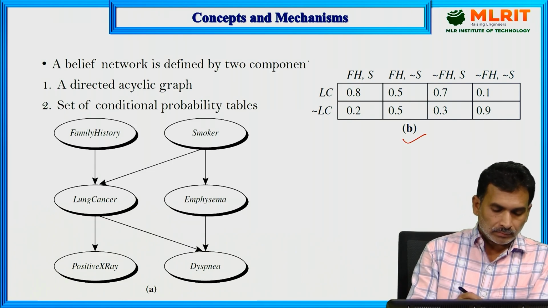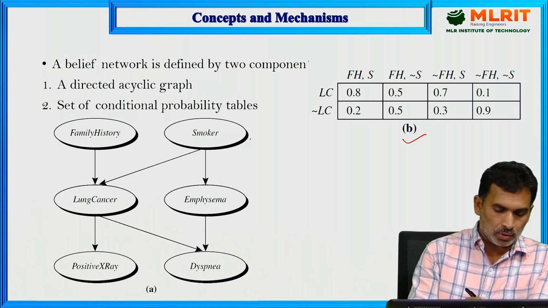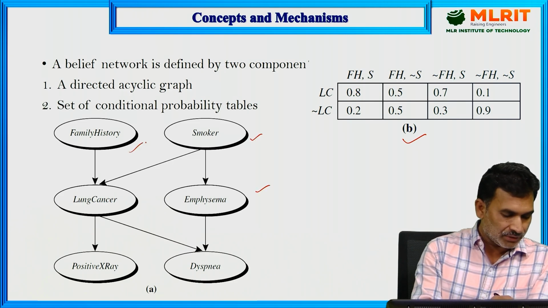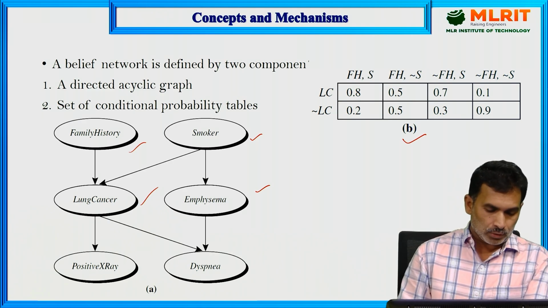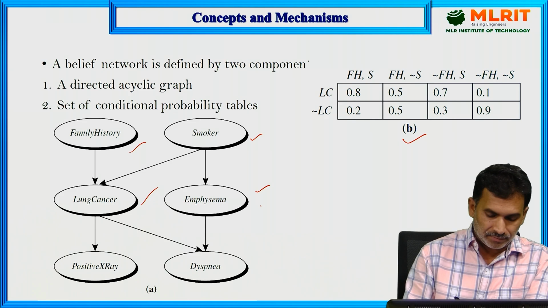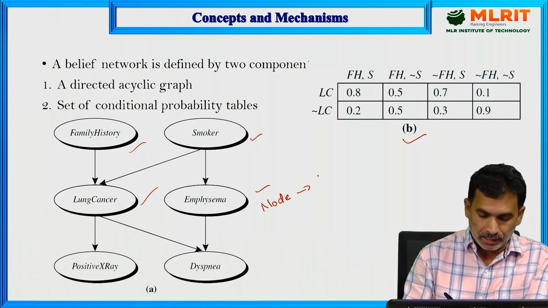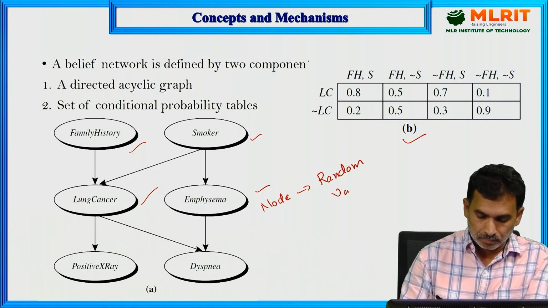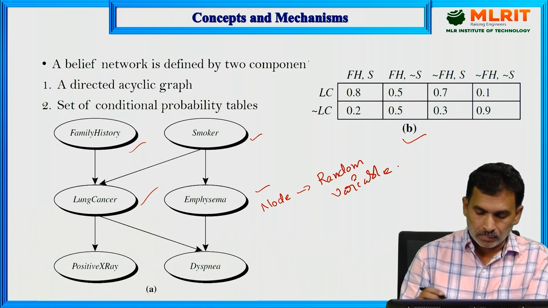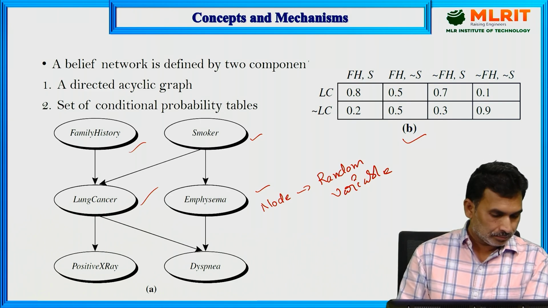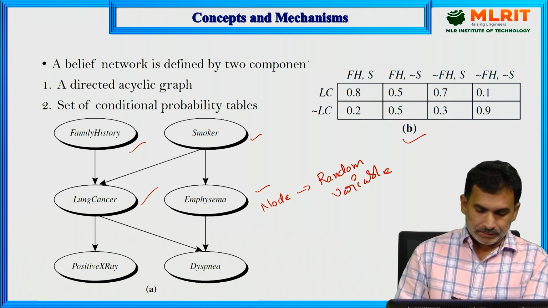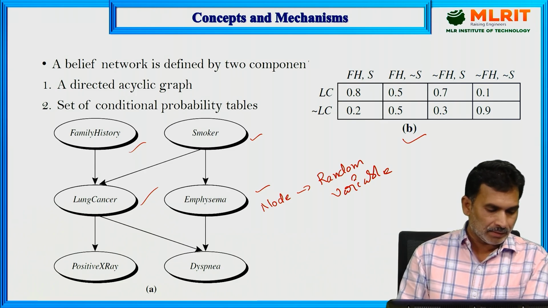Here, each node, like Smoker, Family History, Lung Cancer, Positive X-ray, and so on, is a different node. Each node represents a random variable. The arcs represent conditional probabilities, and there is a dependency between the nodes.